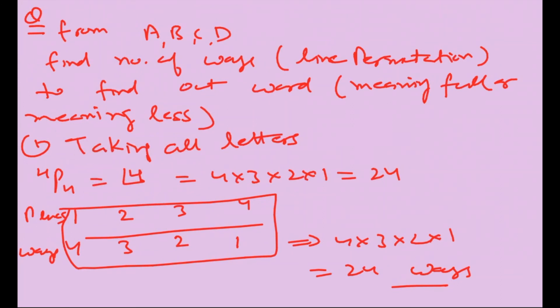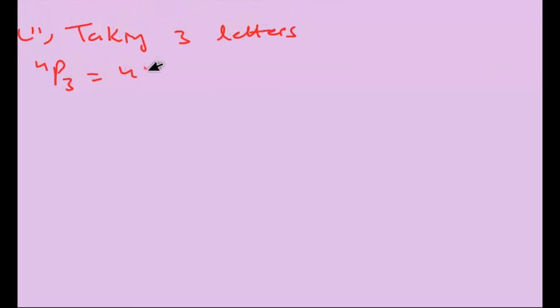So now the second question: taking 3 letters, you can find 4P3, 4 into 3 into 2, that is also 24.